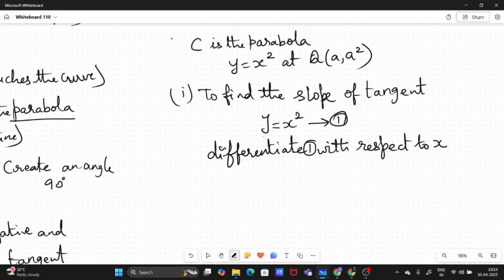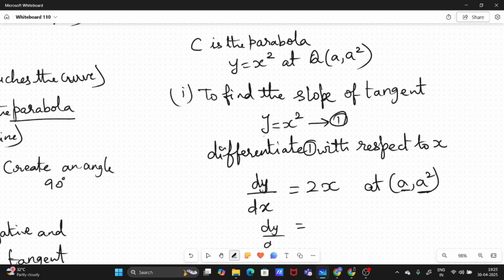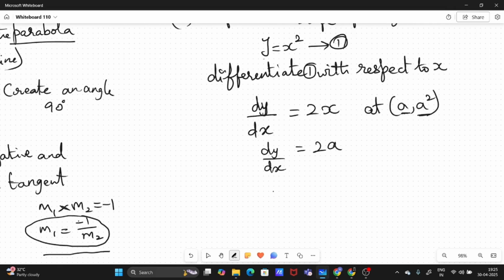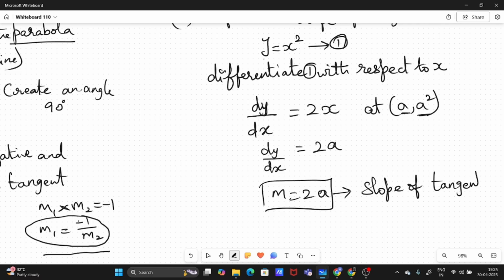Differentiating 1 with respect to x, dy over dx equals 2x, and it passes through (a, a square). I don't need to substitute the a square here, I can substitute this a. So dy over dx equals 2a, which is m equals 2a. We got the slope of the tangent.